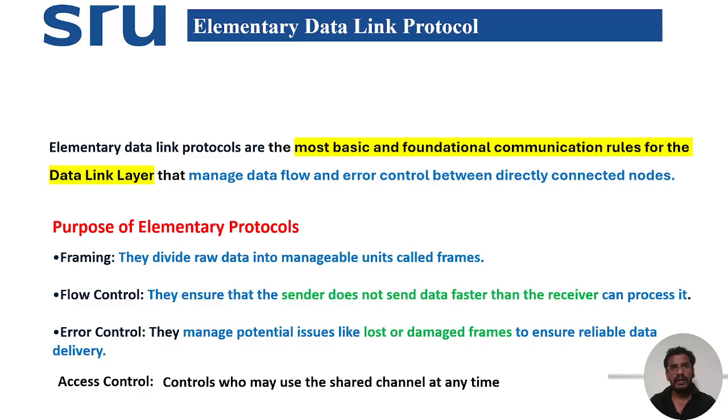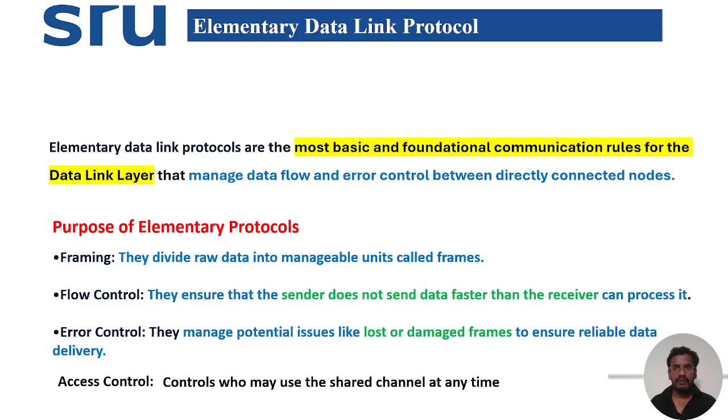If I have data of big size, it should be split into multiple bits to send from one node to another. By framing the data, we can send it quickly and effectively, so the raw data is divided into manageable units called frames.